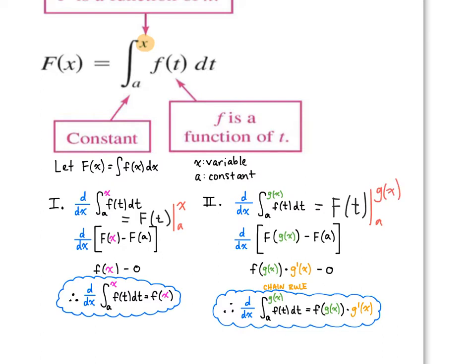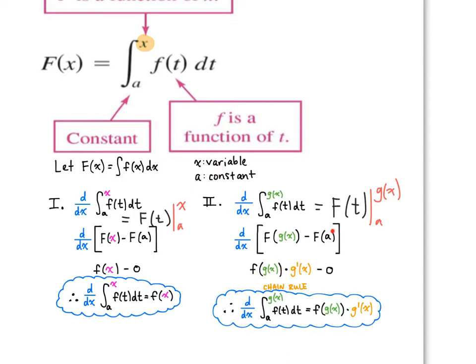So when we plug things in, that's going to be big F of g of x minus big F of a, and now we're going to take the derivative of this. When we take the derivative of this portion right here, we're going to get little f of g of x, but we can't forget about that chain rule, so now we have to multiply it by g prime.